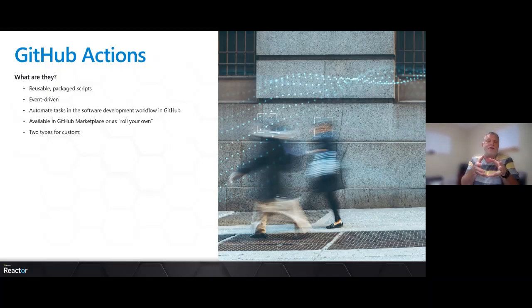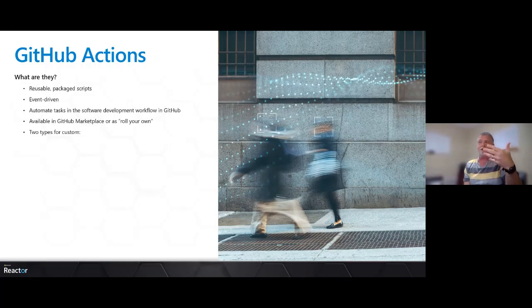Think about GitHub Actions as akin to Azure DevOps pipelines and actions there, or Jenkins. Similar concepts, right? We're building actions that we can piece together to automate specific tasks in our software development workflow, but within GitHub.